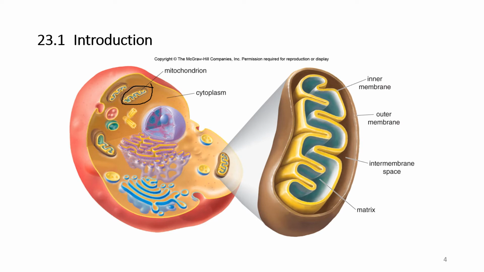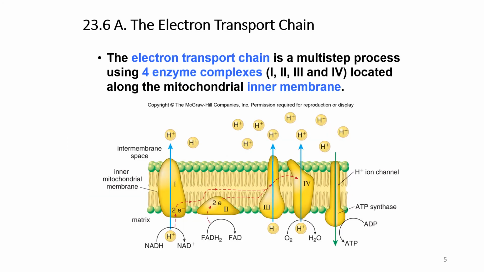It has the outer membrane, the inner membrane space, so this is where that proton gradient builds up. This is the inner membrane, which is very invaginated, lots of folds, and there's the matrix within that space inside that inner membrane. So the electron transport chain is actually embedded in that inner membrane.